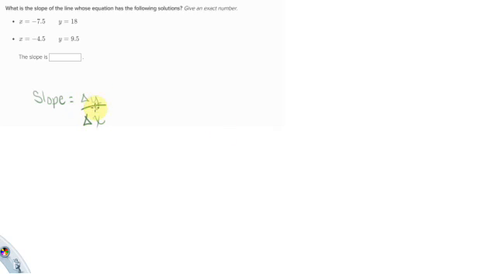We can rewrite this change in y as the y-coordinate of one point minus the y-coordinate of a different point, and the change in x as the x-coordinate of one of our points minus the x-coordinate of the other point. So that's all this is.